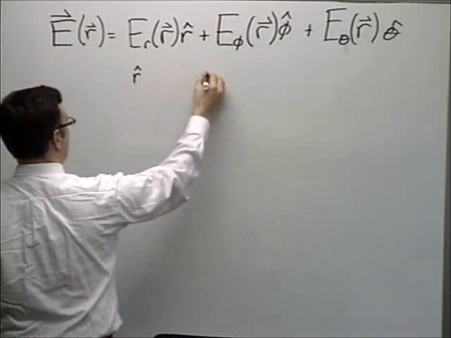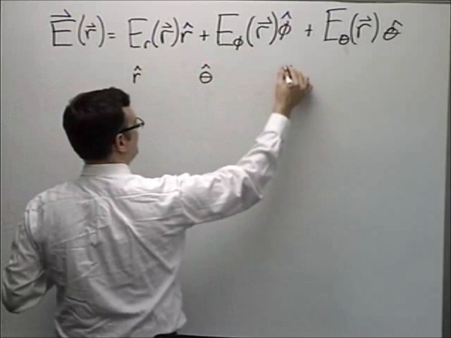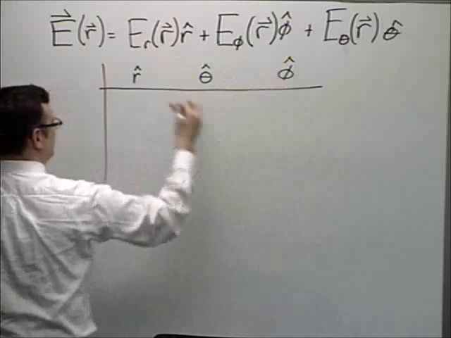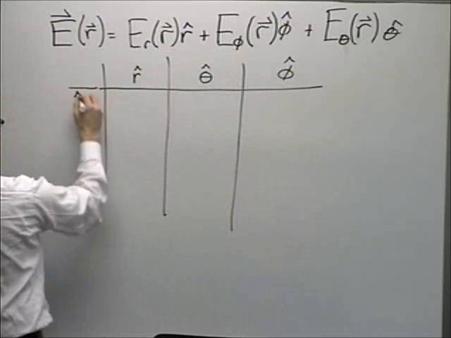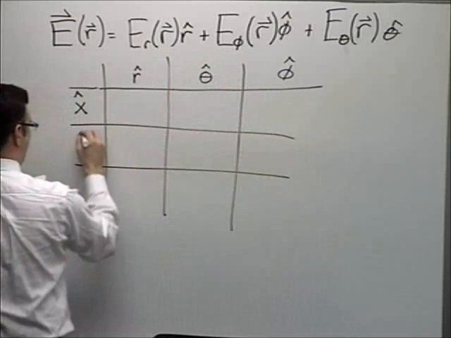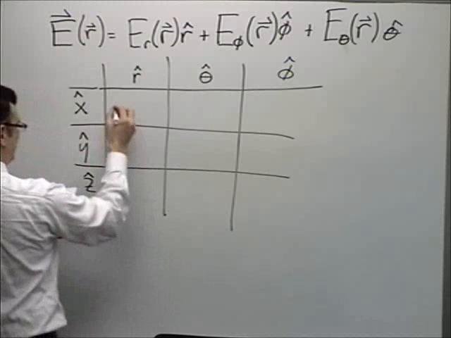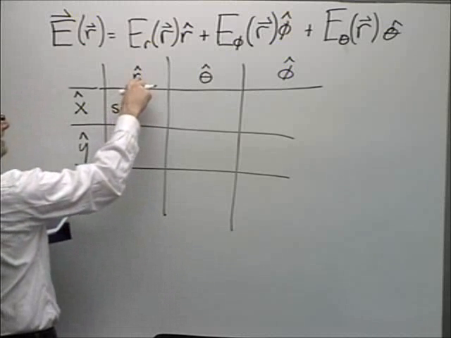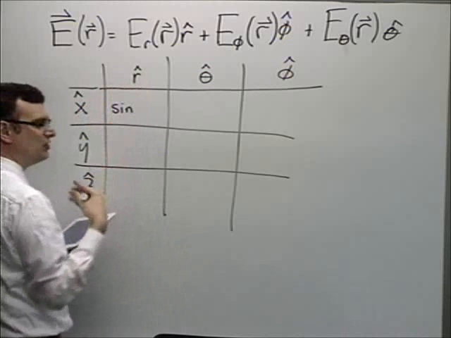So we've got r hat, theta hat, and phi hat on the column headings. And then on the row headings, I have my x hat, my y hat, and my z hat. And I'll go ahead and fill in what your book says is the dot product of these. Remember, the dot product is basically the projection of one unit vector onto another unit vector, and it's going to give you a scalar.